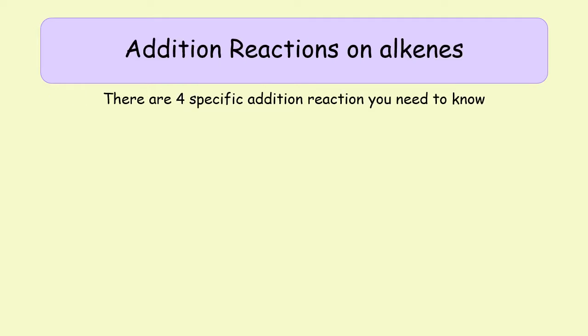When it comes to reactions on alkenes, the main reaction you need to know is that alkenes do addition reactions, and the majority of these reactions are specifically known as electrophilic addition reactions. And many of them you've already covered at National 5.